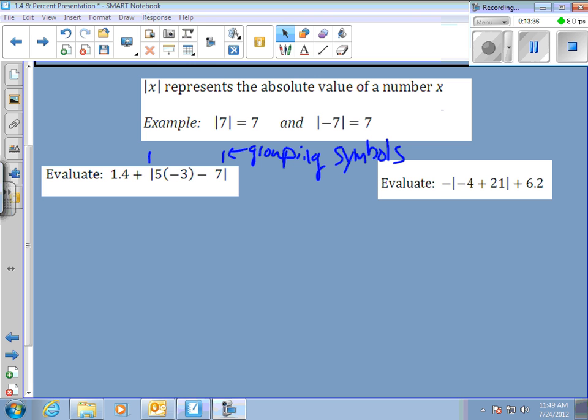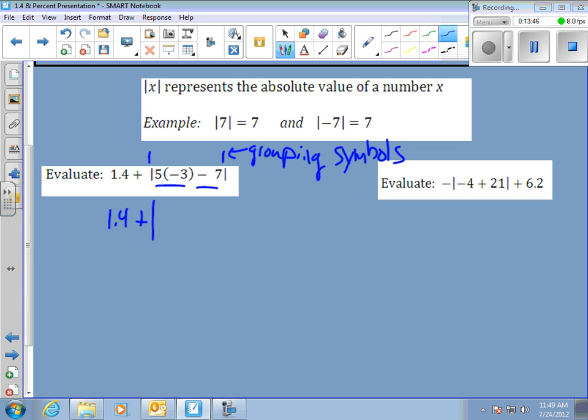Okay, so let's evaluate this problem, doing what's inside the absolute value first here. You're going to stick with the 1.4 plus. Okay, inside here we're going to multiply before we subtract, so I'll say -15 minus 7. Bringing down the 1.4 again, plus. Okay, negative. Now you'd think you'd take the absolute value of -15 and -7. No, just evaluate them first inside here.